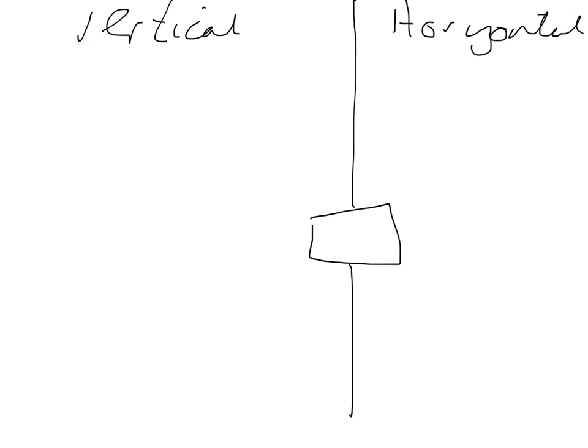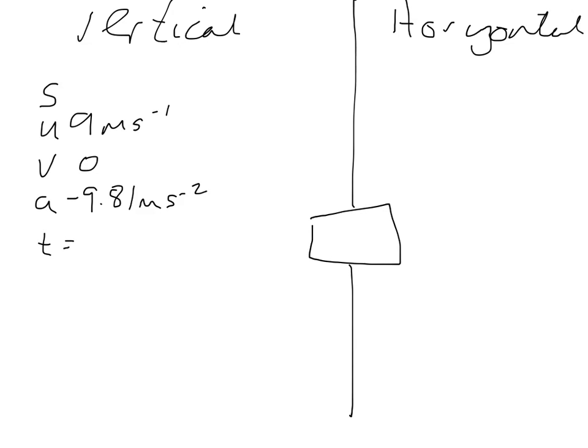So vertically, the information that we've got is, we don't know anything about the distance. We've got an initial velocity of 9 meters per second. We've got v of 0, and we've got an acceleration of minus 9.81 meters per second squared, and the time is what we want to find out.